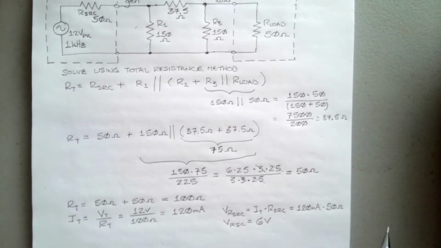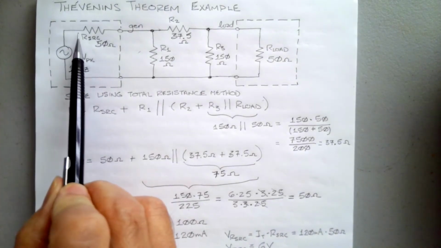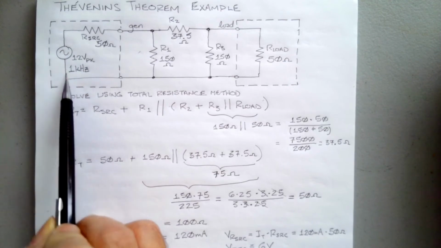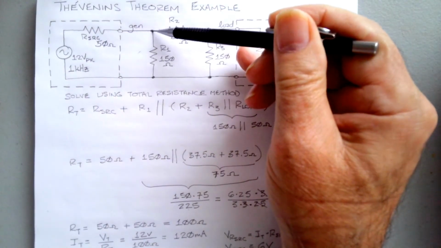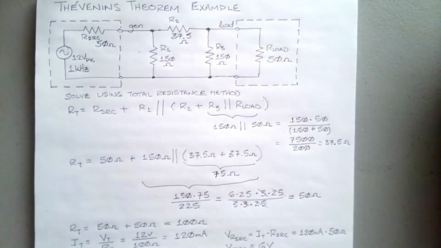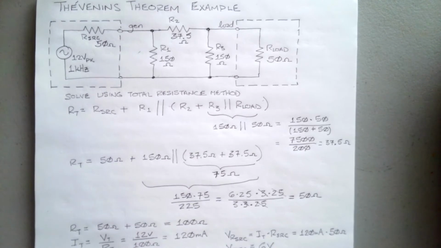And with having lost 6 volts across, so I got 12 volts to start with, I'm going to lose 6 volts right here. V gen is going to equal our source voltage minus VR source.